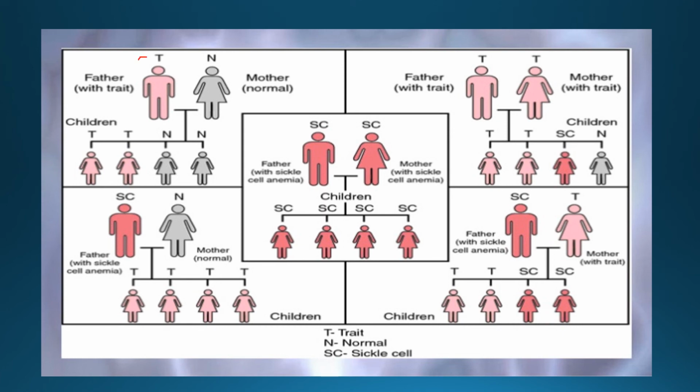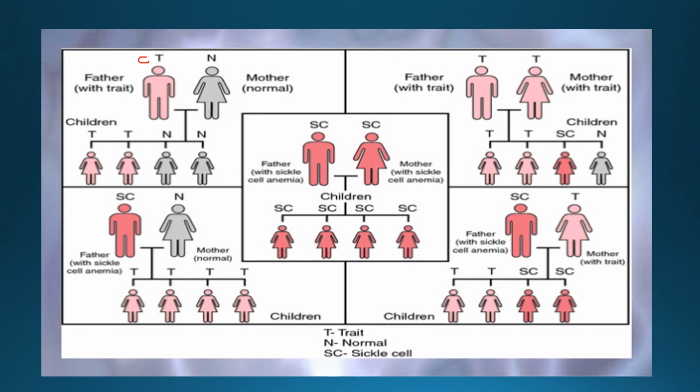Simply, we can call the trait a carrier. If the father is a carrier and the mother is normal, and as this is an autosomal disease, it is seen equally in both sexes, male and female. There is no gender prediction here because the mutation is on the autosomes. So 50% of the offspring will be carriers and 50% will be normal.